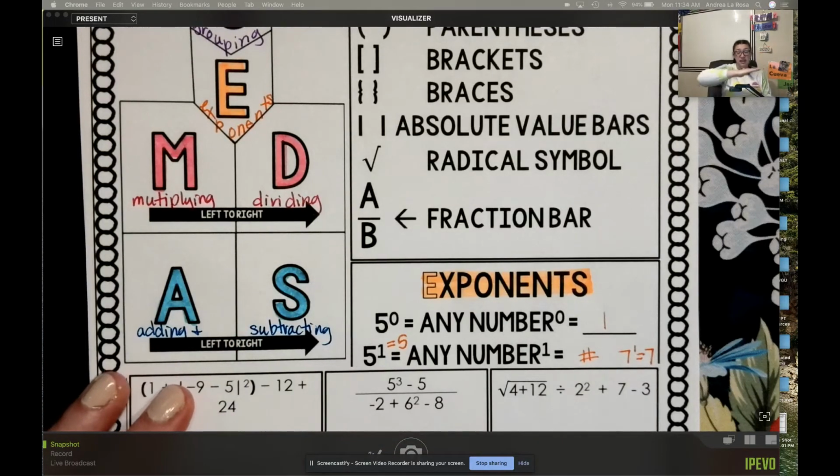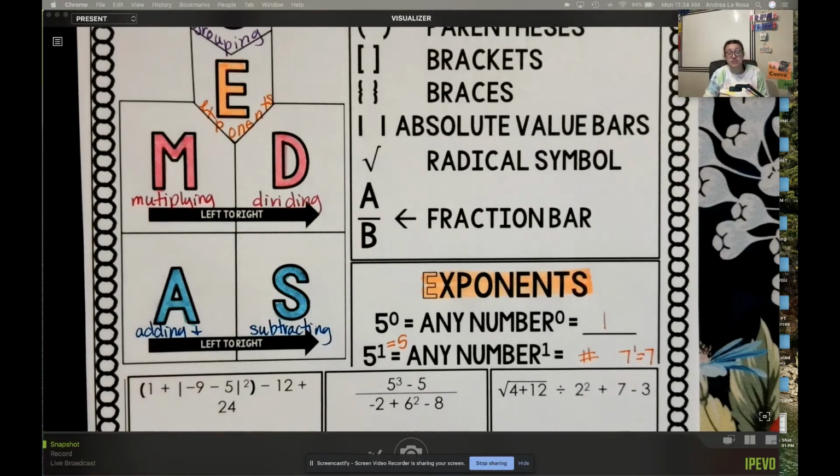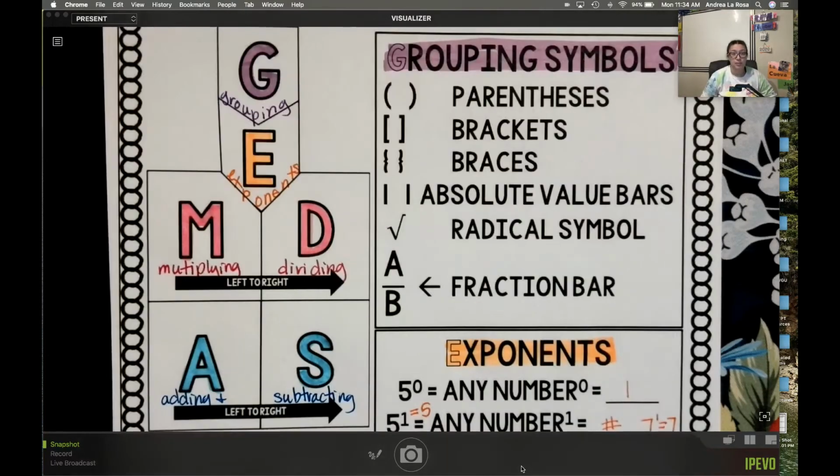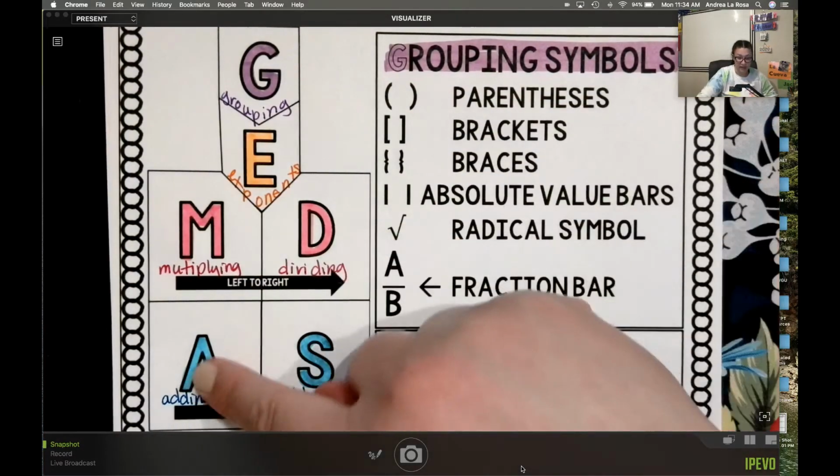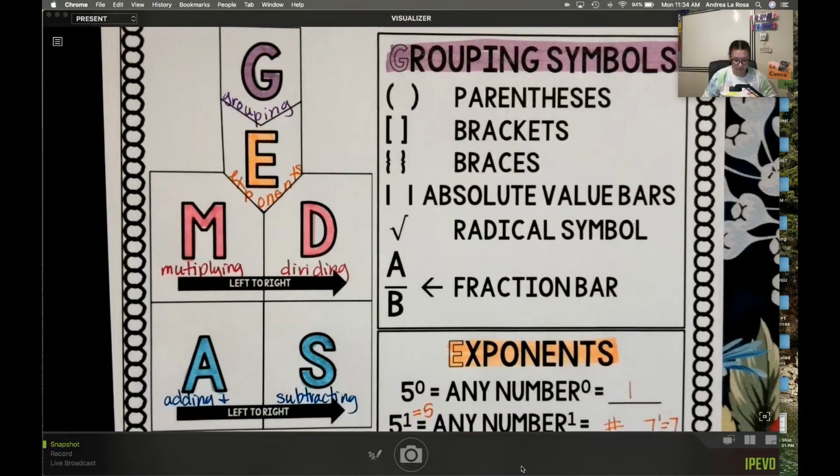Again, they're on the same level, so I'm going to do those steps at the same time, from left to right. All right, so that was a quick review. Remember GEMDAS: grouping, exponents, multiplying, dividing, adding, and subtracting.